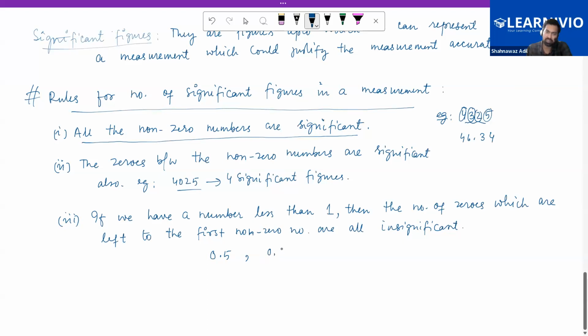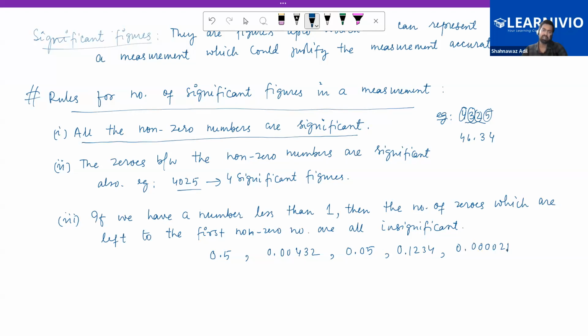Let's say I have 0.00432, 0.5, 0.1234, and 0.000021, right? All these numbers are less than 1.